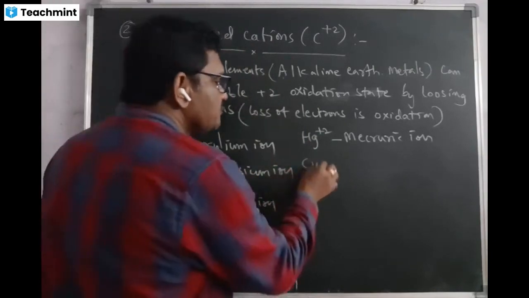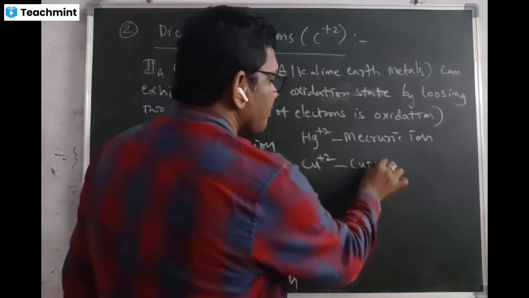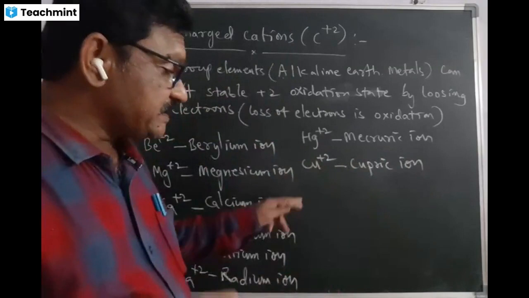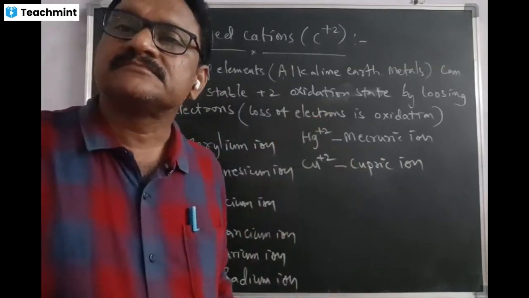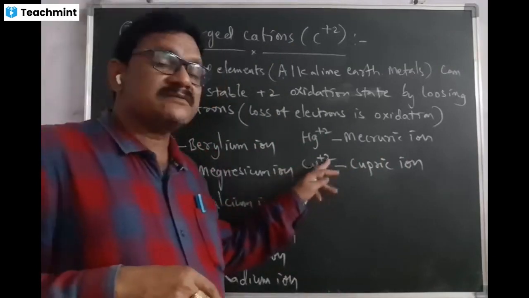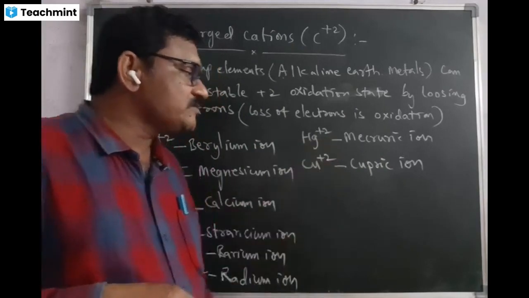Like that, Cu+2 is called cupric ion. Yesterday we saw Cu+1, that is cuprous ion. Understood? When copper is in +1, that is called cuprous. When copper is in +2, that is called cupric ion.